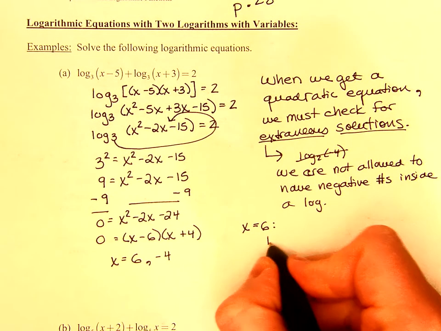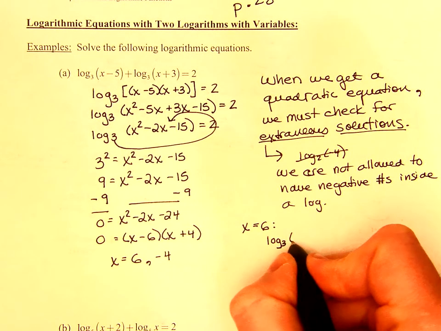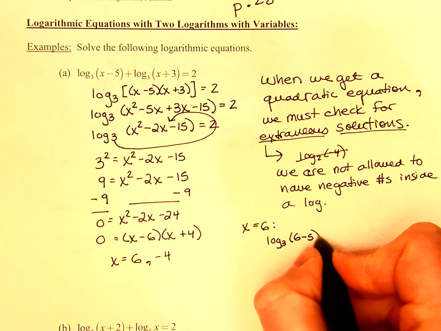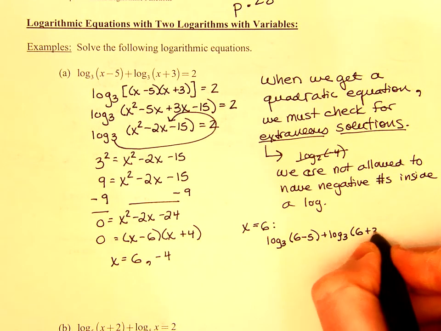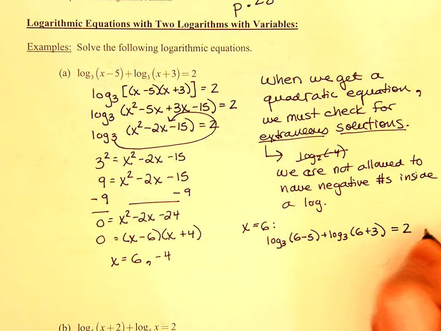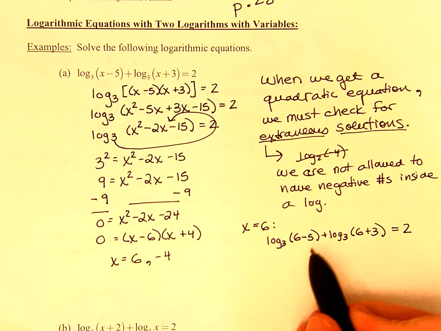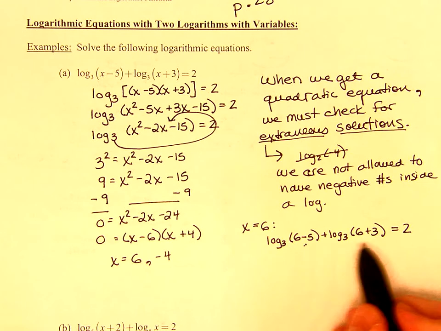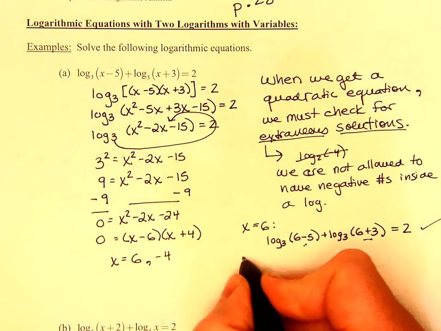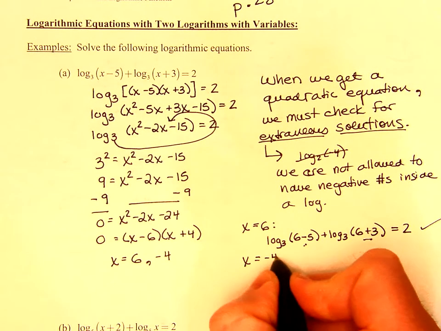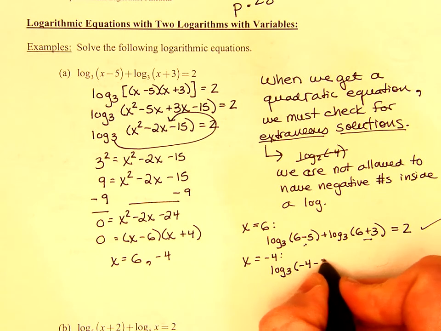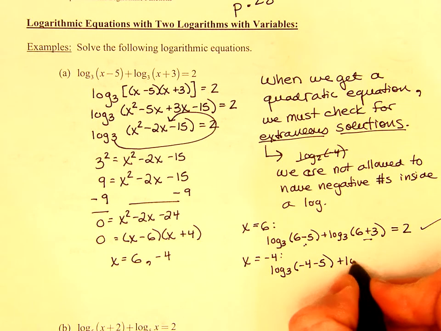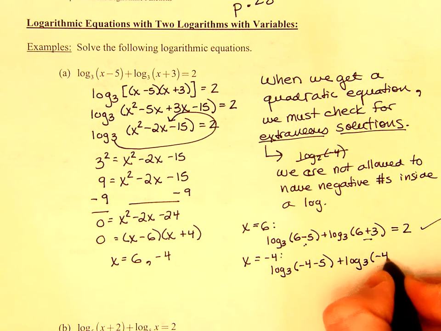If you plug in 6, I'm going to get log base 3 of 6 minus 5 plus log base 3 of 6 plus 3, which will maybe equal 2. I've got a positive number inside this log, 1. Positive number inside this log, 9. Yep, it's going to work. If you plug in x equals negative 4, you're going to get log base 3 of negative 4 minus 5 plus log base 3 of negative 4 plus 3.